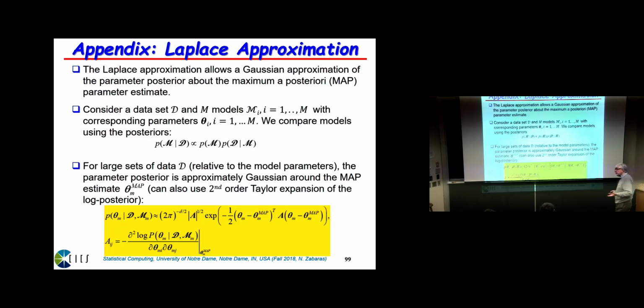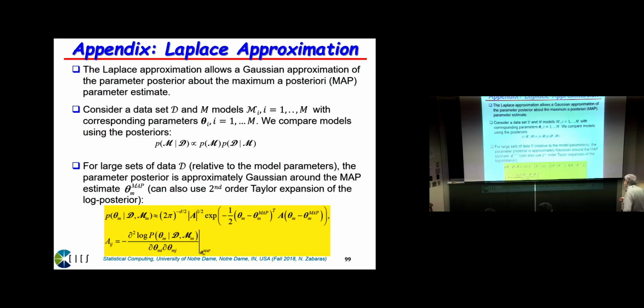How do you fit that Gaussian? You basically fit that Gaussian at the mode of the posterior, and so you need to know the mode of the posterior. Then you need to know the curvature of that Gaussian, and you compute the curvature through the second derivative of the log posterior.